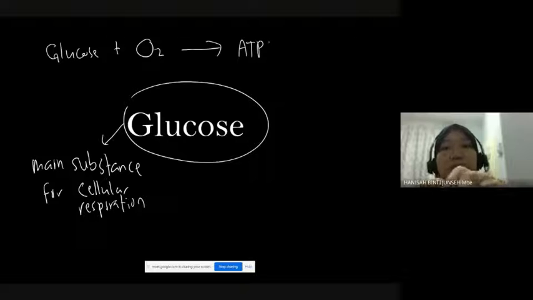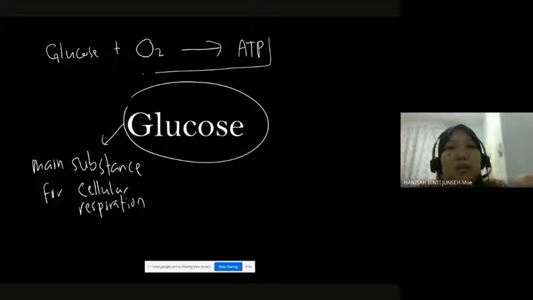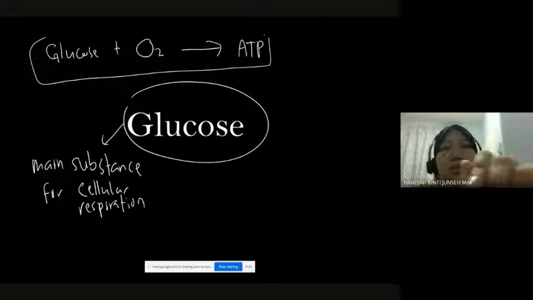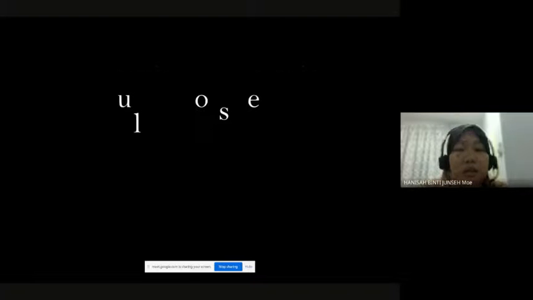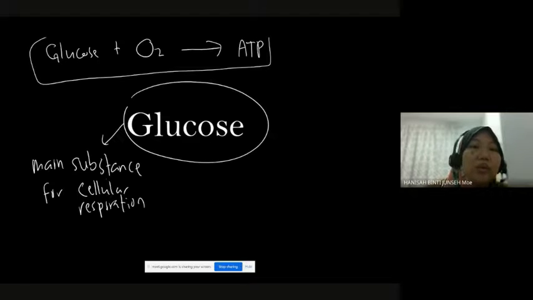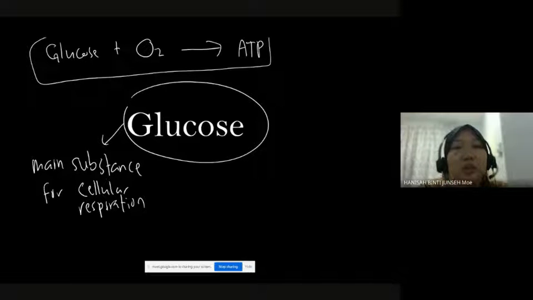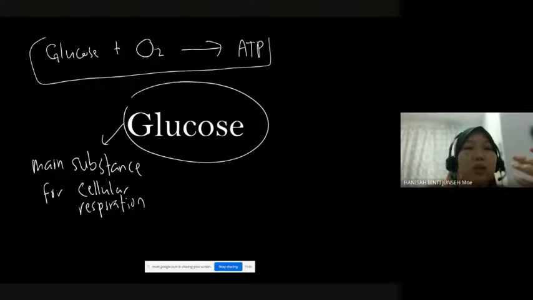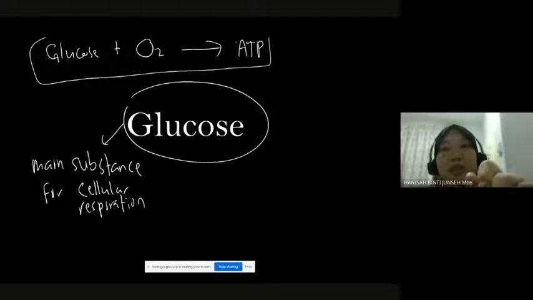This is more like the conclusion of what cellular respiration is. Cellular respiration is where the glucose reacts with oxygen to produce ATP. Again, that is why in the previous slide, I said cellular respiration is energy production. Energy production is here, ATP.